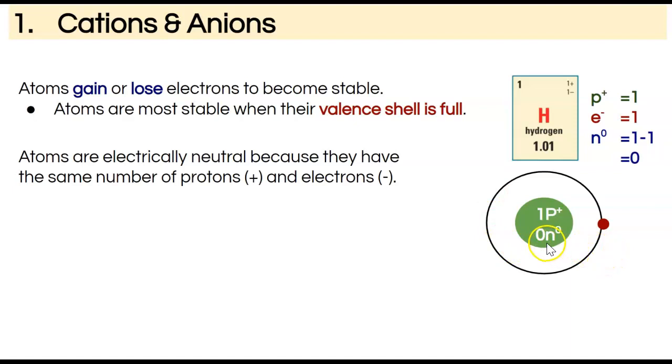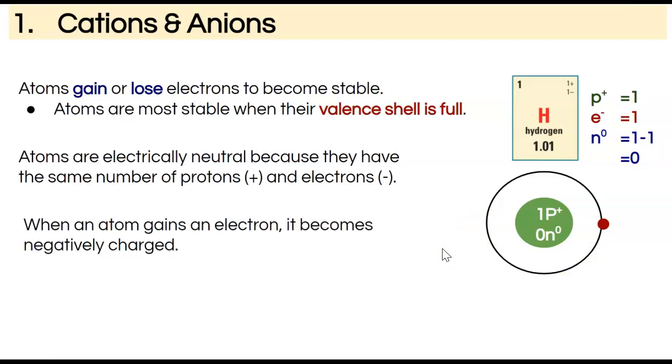So here I have this Bohr-Rutherford diagram of hydrogen with its 1 lone electron in that first energy level. Now I know that we can add or take away electrons from that energy level. So is this atom stable? Is this hydrogen atom stable right now? Well, no, because I can add another electron here, right?